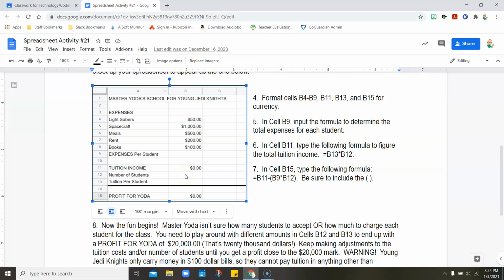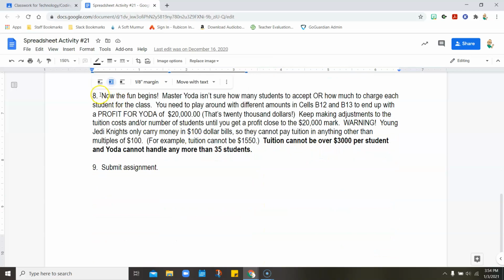So here's what you have to figure out. You have to figure out how many students he can take and how much each student is going to have to pay. And there are certain things that you have to follow. So here's where it becomes interesting. It says Master Yoda isn't sure how many students to accept or how much to charge each student for class.